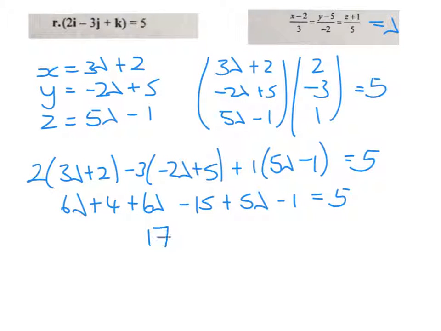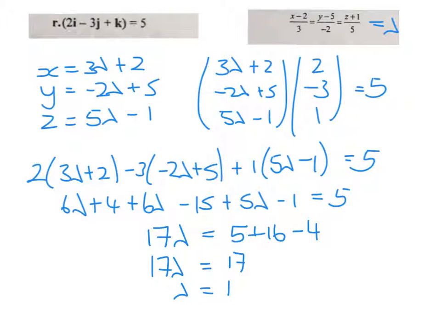So 17 lambda will equal 5 plus 16 minus 4. 17 lambda is 17, so lambda is 1. And substituting that in, our x coordinate is 3 plus 2, our y coordinate is 5 minus 2, and our z coordinate is 5 take away 1.